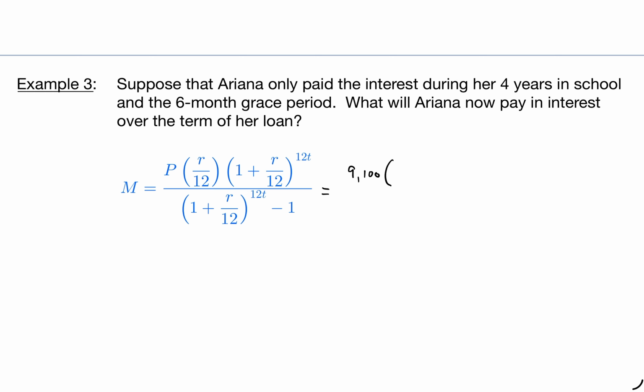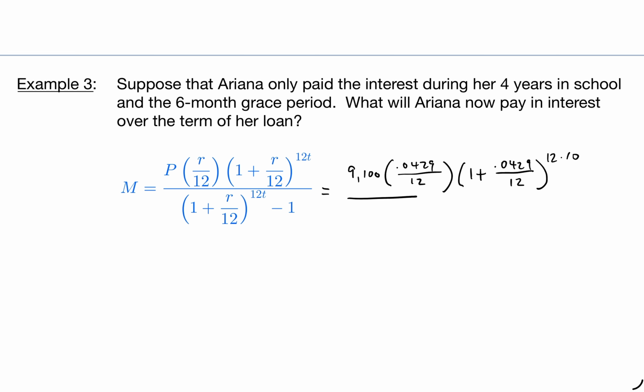Okay, and then we're going to use the same rate again of 4.29%, and we go ahead and follow the same formula that we used in the previous example.